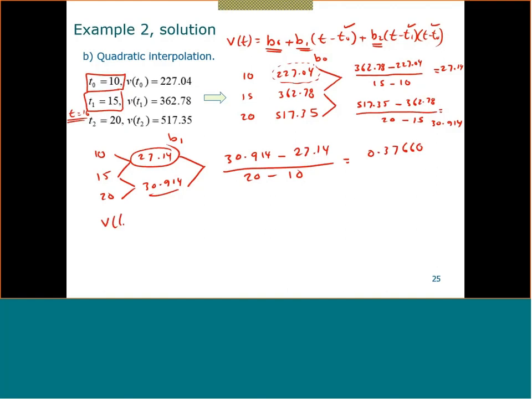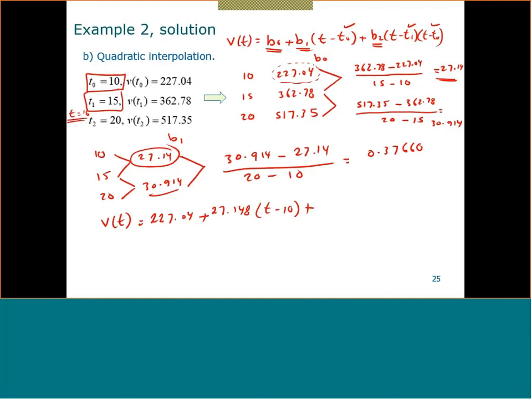Okay, so now my V of t will become B0, which is this number, 227.04, plus my B1. What is my B1? It is this number, which is 27.148 times t minus t0. What is t0? It is 10.